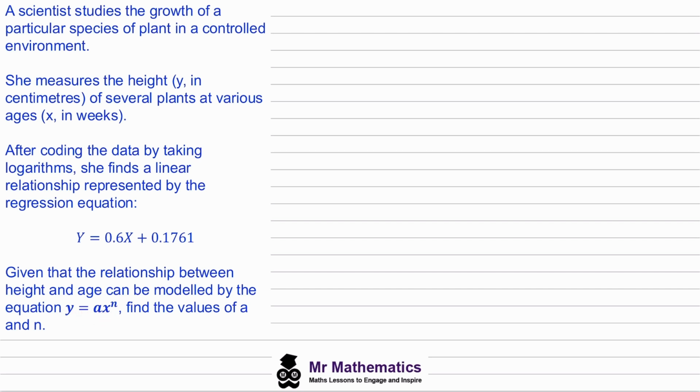Okay, so welcome back if you had a go. So we know y is equal to ax to the n. If we take the logs of both sides, then the log of y will be the log of ax to the n. And then we can split this up using the multiplication rule.